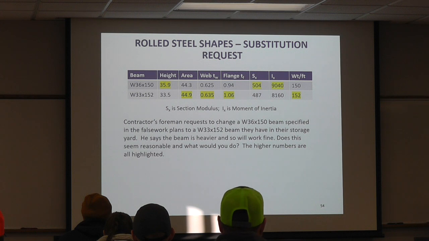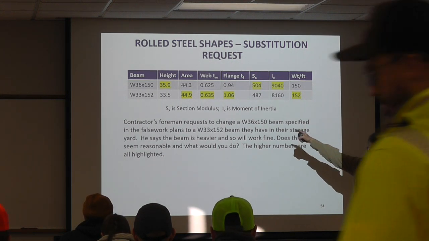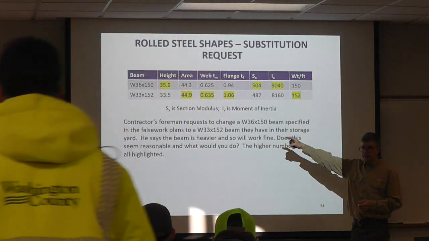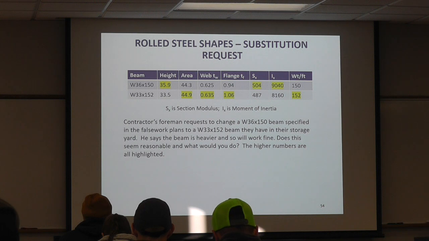Okay, will it work? It might, but that's exactly where you would call the engineer. Say, okay, Mr. Engineer, it's your responsibility. If they say yes, go ahead and use it, then fine, we'd be okay. They said, yep, the deflection is going to be fine for what we have.